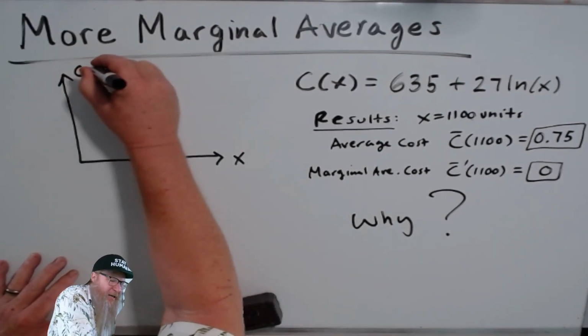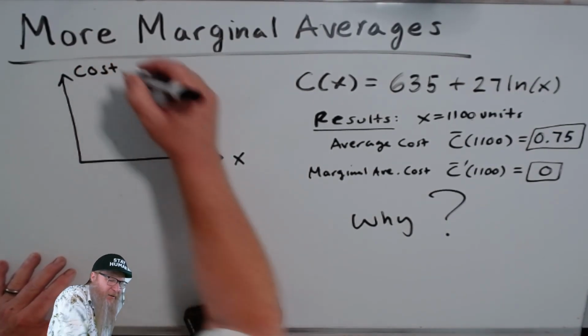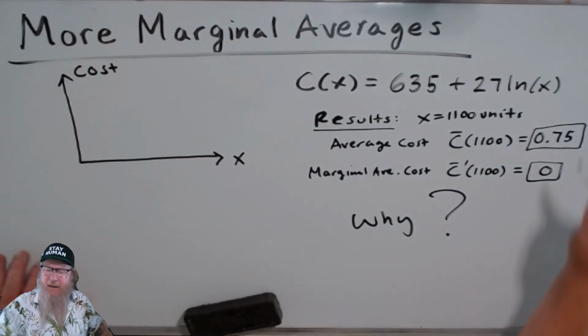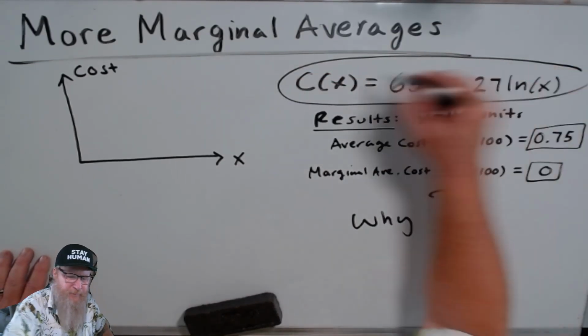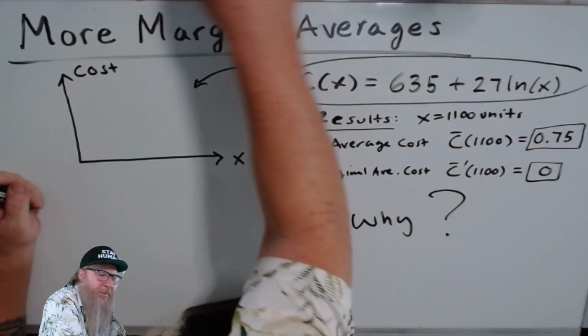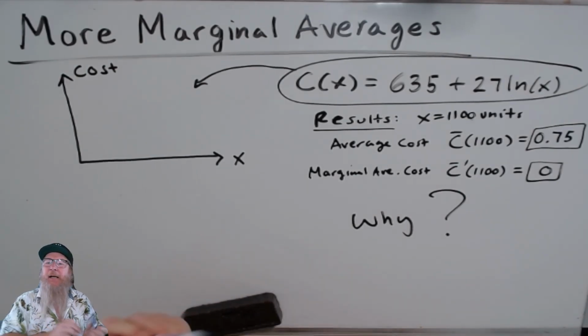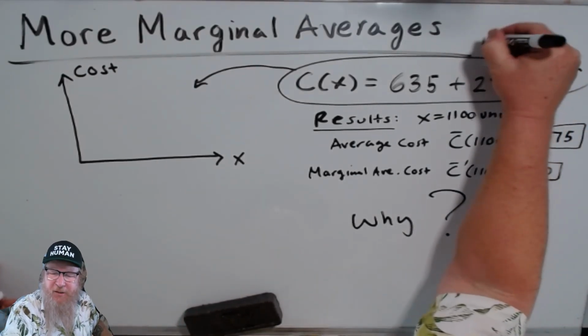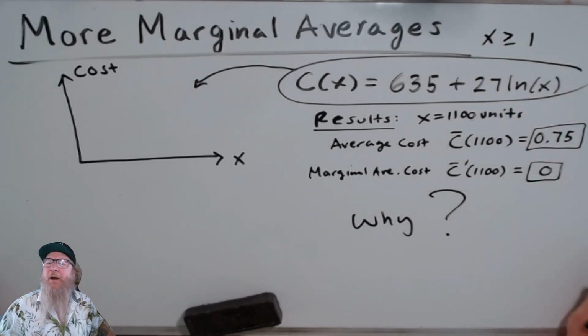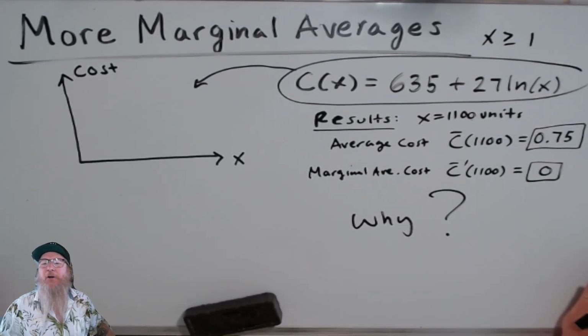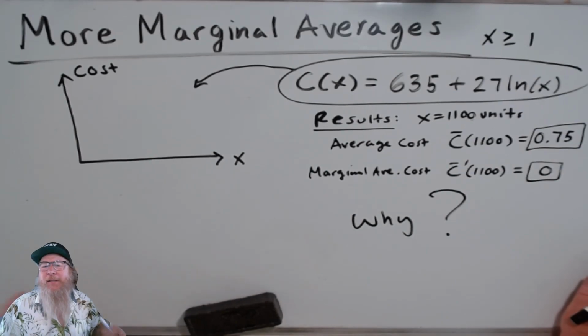So if you just look at cost, that's this function here. Cost is always going up. Now remember, this function was for x greater than or equal to 1, so you can't be charged for nothing. That's not always true.